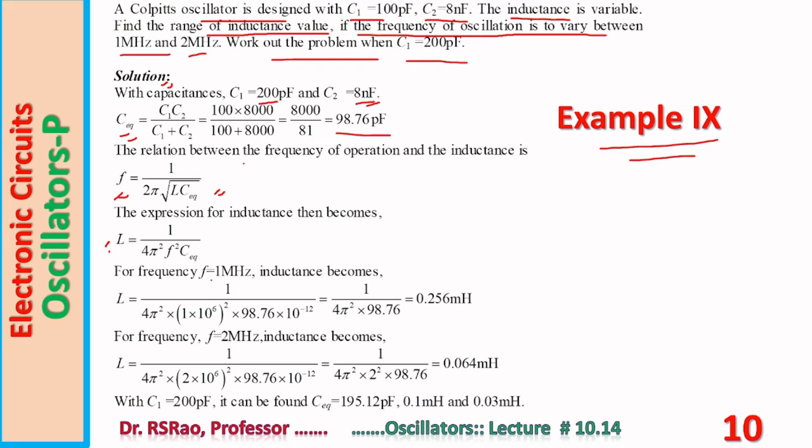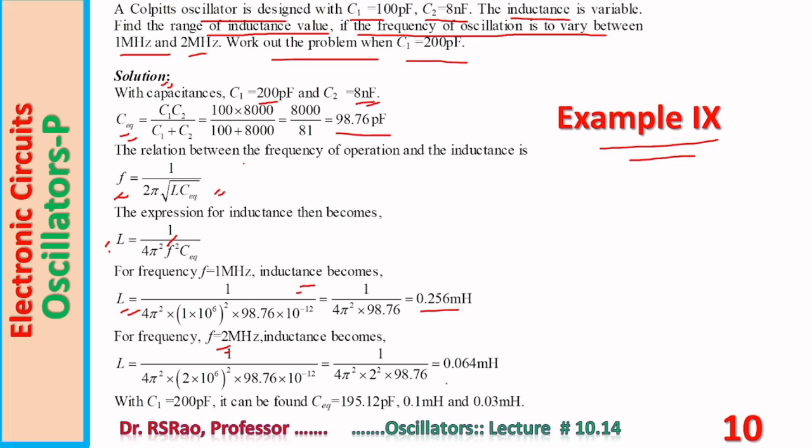For frequency 1 megahertz, what is the inductance? It can be determined easily. It turns out to be 0.256 millihenry. For frequency 2 megahertz, inductance can be determined.